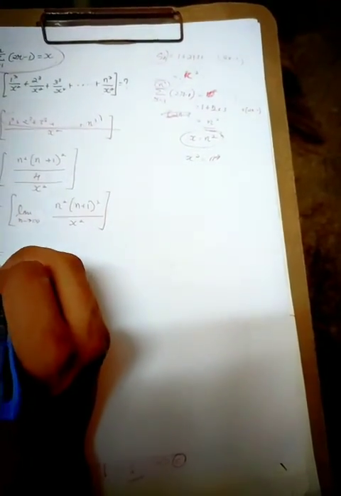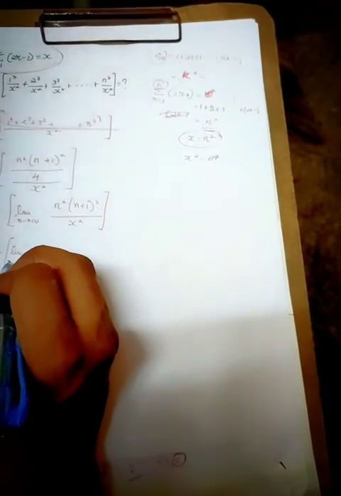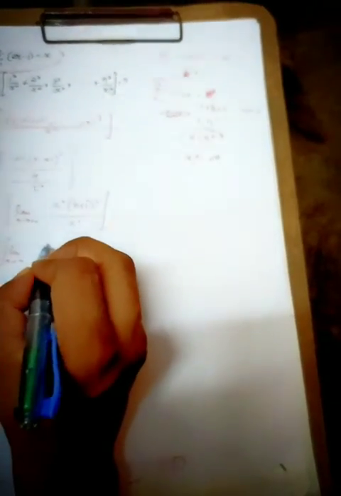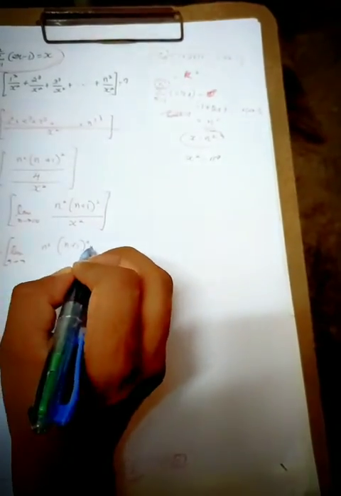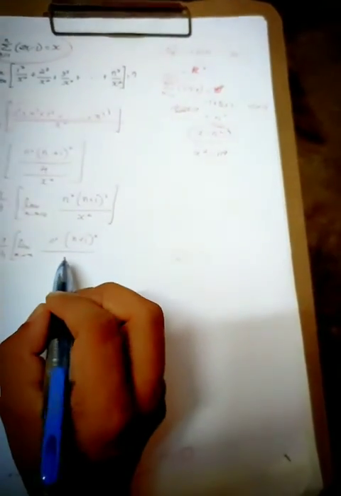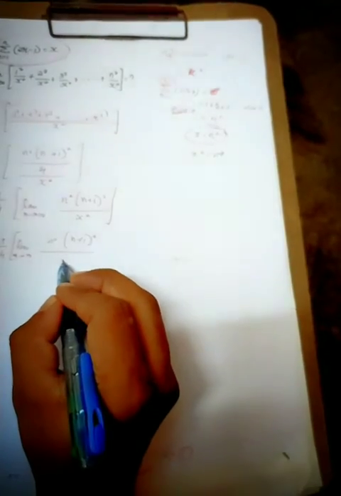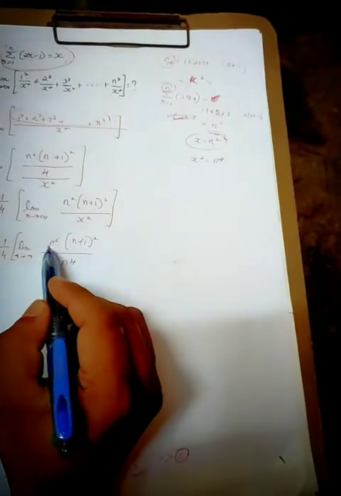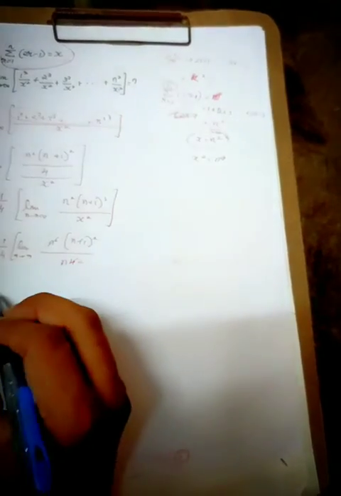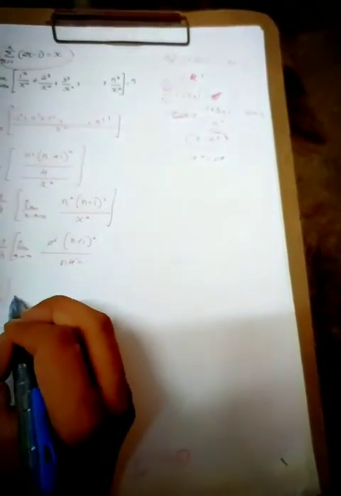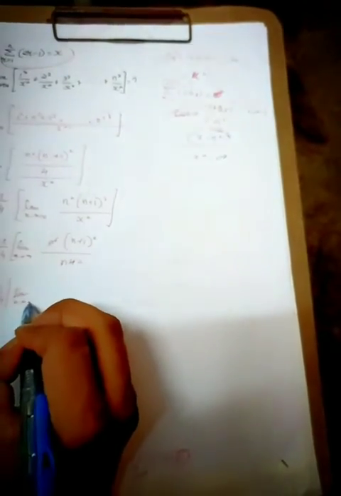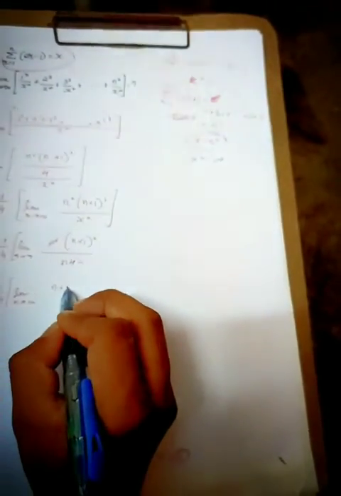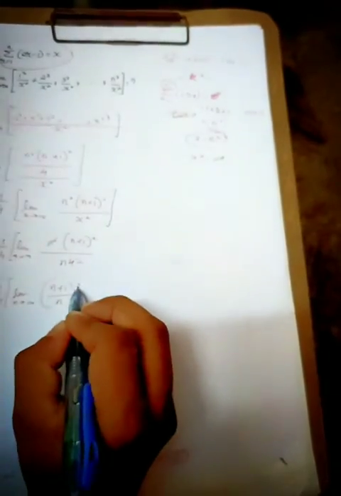I'll substitute x square as n to the power 4. As n tends to infinity, we have n square, n plus 1 the whole square, divided by n to the power 4. So this n to the power 4 and n square will cancel, and this will become n square again. So here it will be 1 by 4 into the limit of n tending to infinity of n plus 1 divided by n, the whole square, isn't it?